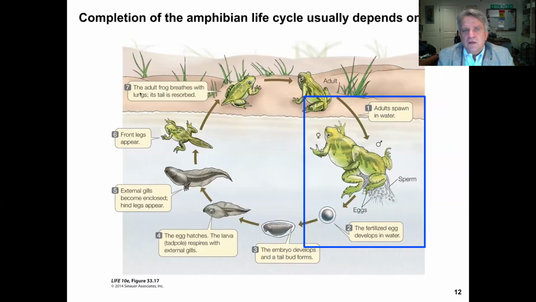Now, it's clear that the ancestral state for tetrapods was a reliance on aquatic habitats, freshwater habitats, to complete reproduction. Now, some fully terrestrial salamanders and frogs, in a sense, don't need to return to standing bodies of water, but they need some type of water resource or very moist, humid environments to facilitate reproduction.